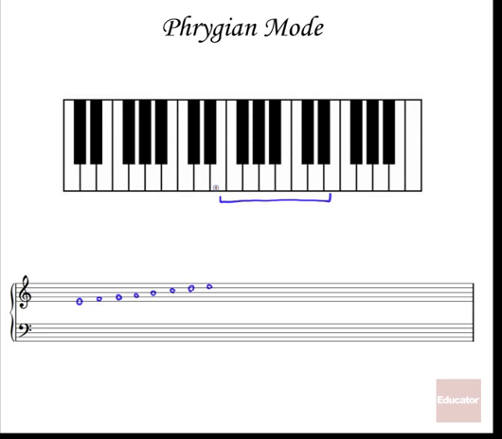The first thing to notice is that there's a half step between the first and second notes, which means that this second degree is lowered a step, and then there's a half step between the fifth and sixth notes, so that's the same as in the natural minor scale, and the rest is consistent with the minor scales. So the Phrygian mode just has a lowered second degree.